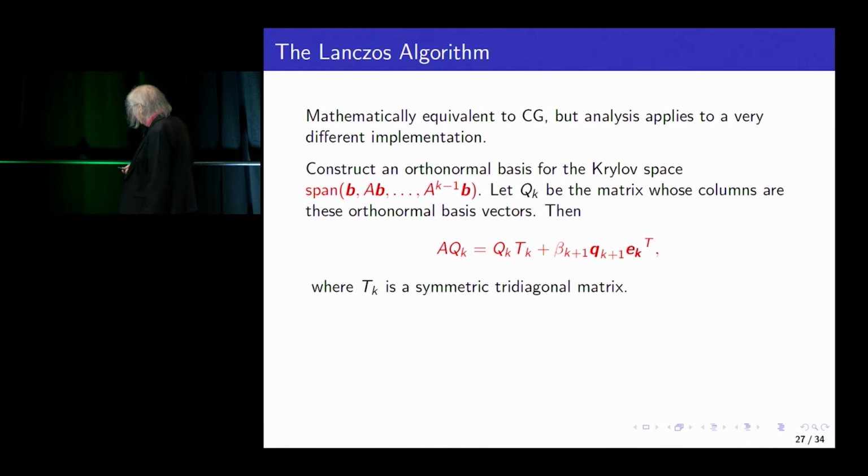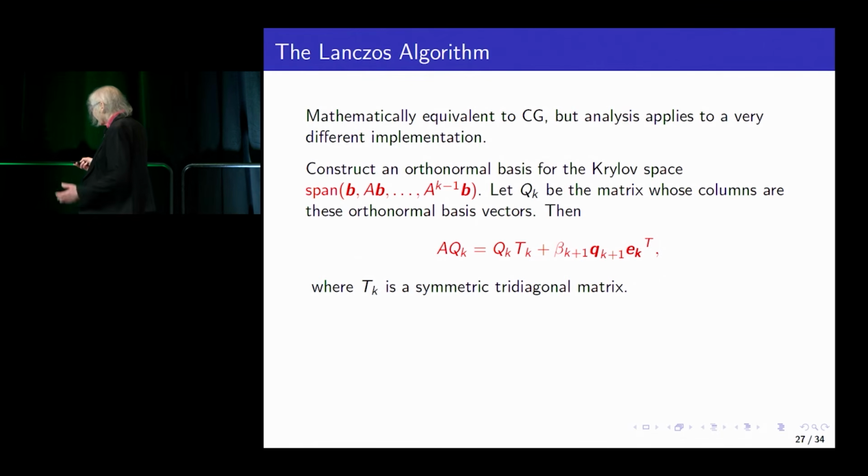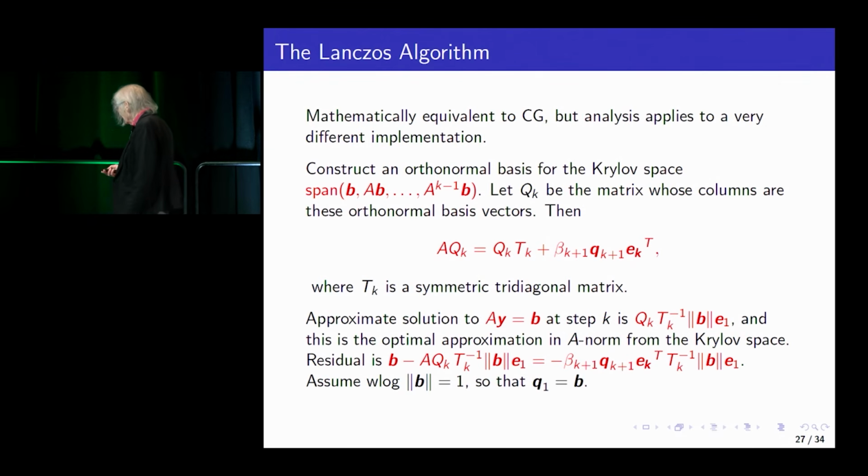Let QK be the matrix whose columns are these orthonormal basis vectors. Then you have a relation, A times QK is QK times a symmetric tridiagonal matrix consisting of the recurrence coefficients plus a remainder term. So you approximate the solution to AY equal B at step K by QK TK inverse norm B times E1, and this is the optimal approximation in A norm from the Krylov space.